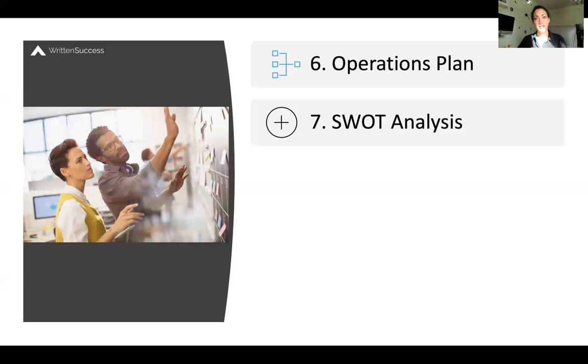The O and the T, opportunities and threats of the SWOT analysis, those are external. So the SW is internal strengths and weaknesses, and the OT is the external. So an external opportunity, for instance, say there's a tax cut that's coming for small business owners next quarter. That is an opportunity that's going to benefit your business, because the government's giving you some tax perks that are going to help your costs.